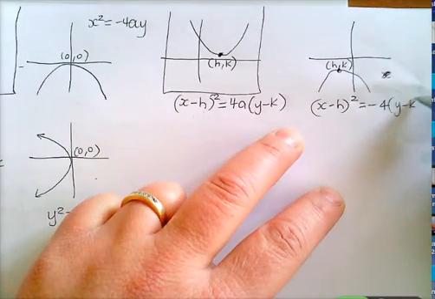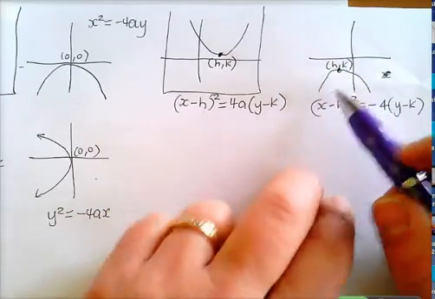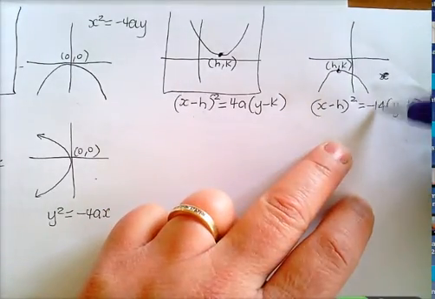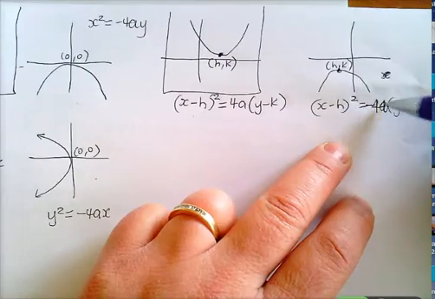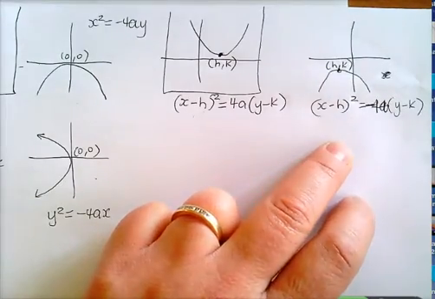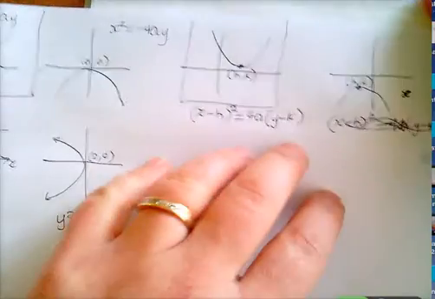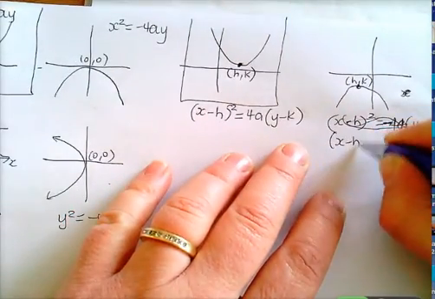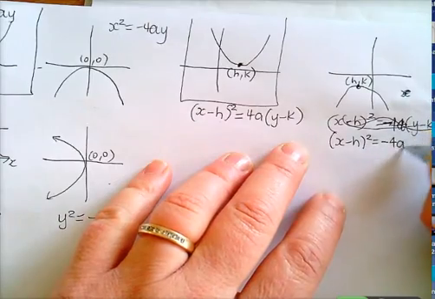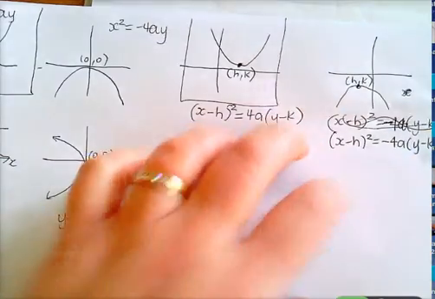The x always goes with the h. Oh, you can't see it very well, and I'm off paper as well. So, girls, I'll write this all up later. But it's (x minus h) squared equals minus 4a(y minus k).